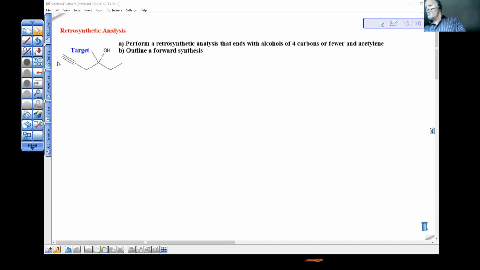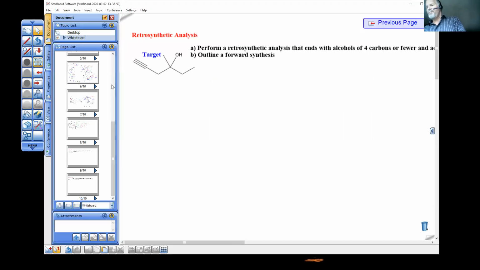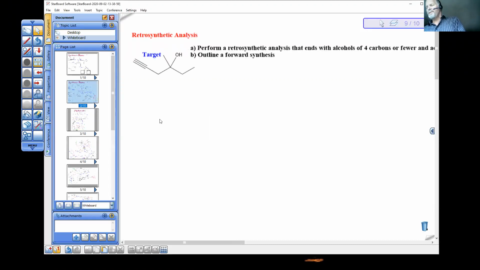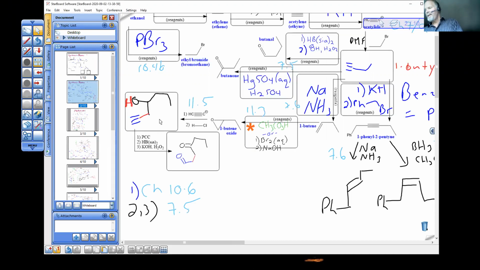Let's go back this way. Page 2. And I have a molecule with an alkyne in it and an alcohol right here. It looks like 2 of the carbons came from acetylene and the rest of the carbons came from an epoxide.